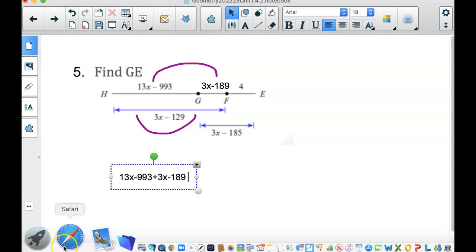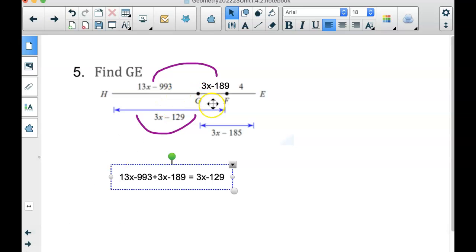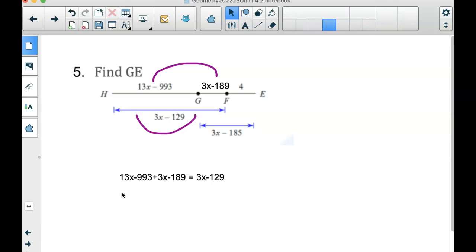That's going to equal 3x minus 129. Okay, so now we can play around with this, but I am going to combine like terms. So the 13x and the 3x, does everybody agree is 16x? Minus.